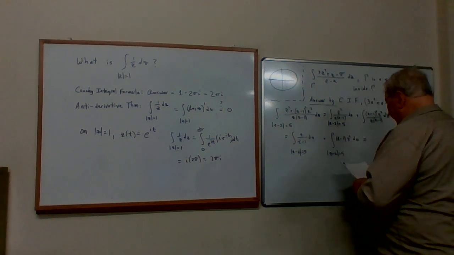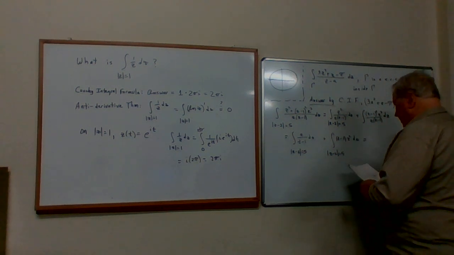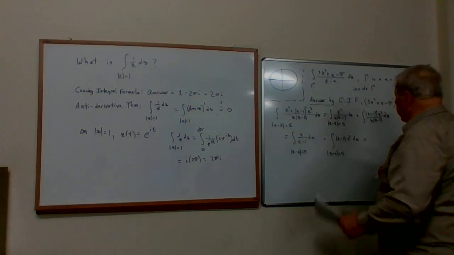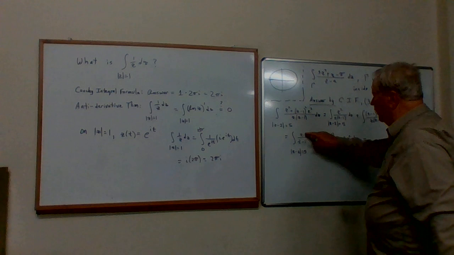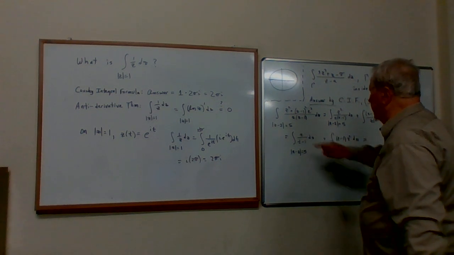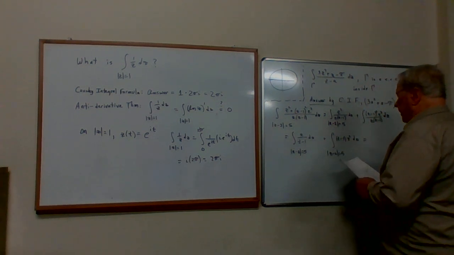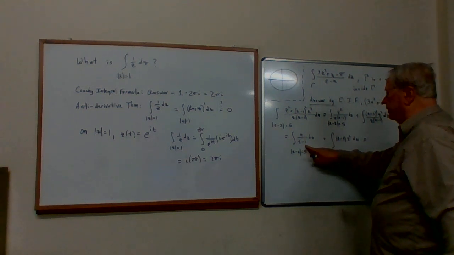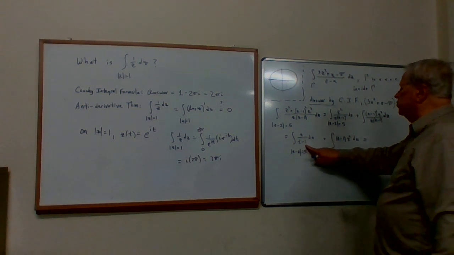So what about the one on the left? Well, the one on the left is the top evaluated at this point. This is my a. So a is 1.